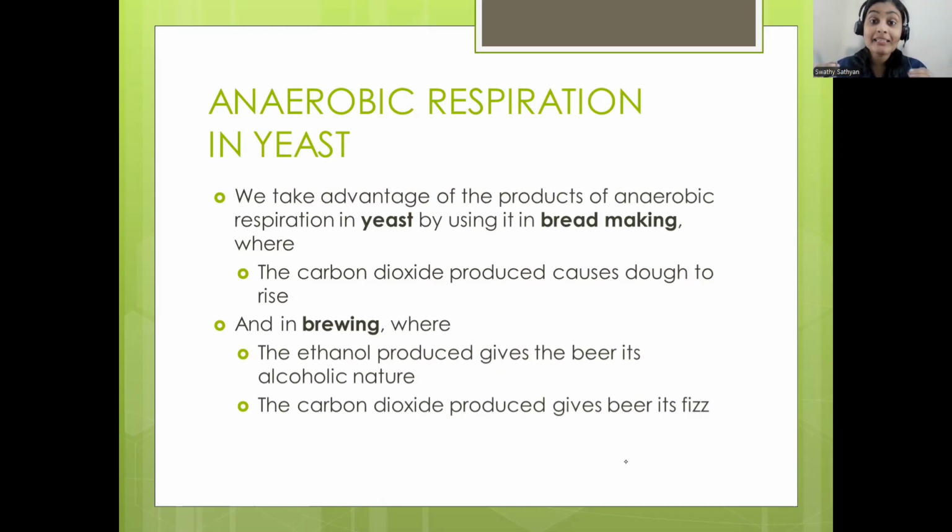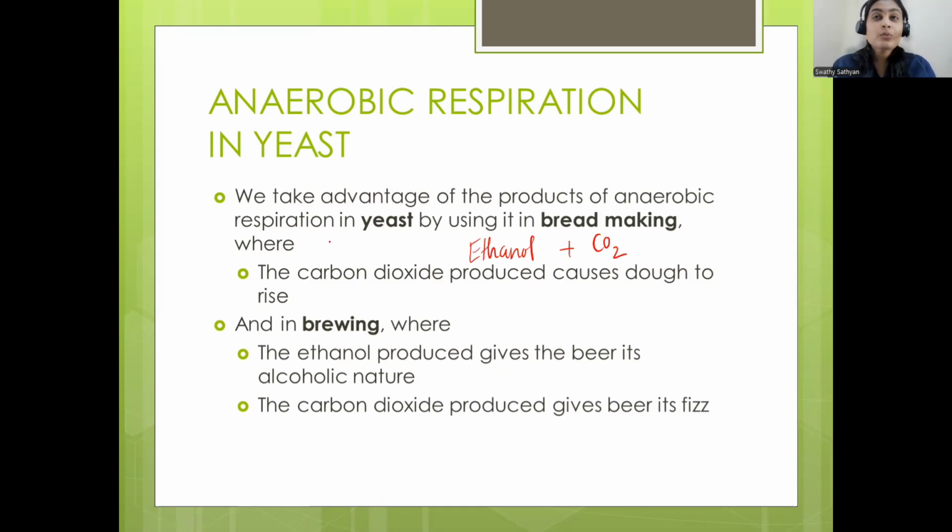So inside the yeast cells, anaerobic respiration occurs. In the absence of oxygen, respiration occurs, and it produces alcohol, that is ethanol, and carbon dioxide.